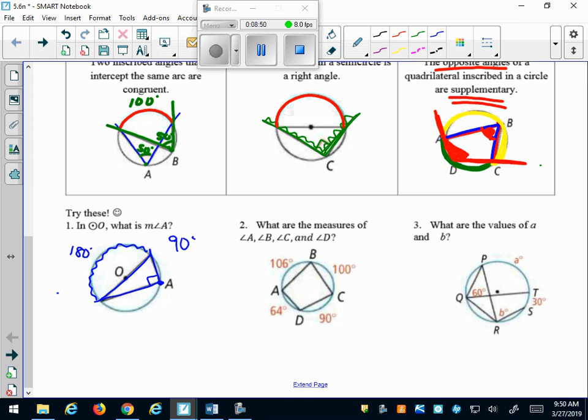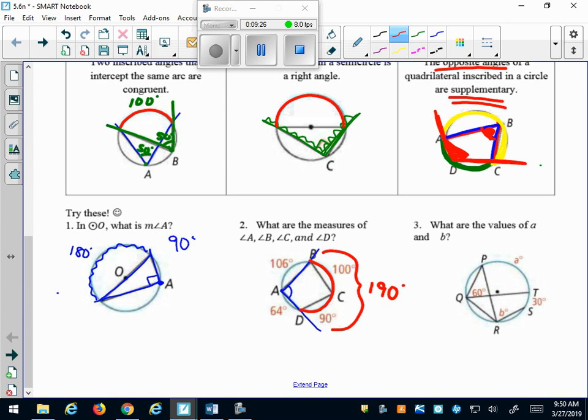That's corollary 2. What are the measures of angles A, B, C, and D? Well, we have to find them individually. All right, measure of angle A. Well, here's angle A. Again, think about it as an alligator's mouth open. The arc that this alligator is eating is this entire arc here. So how many degrees is that entire arc?